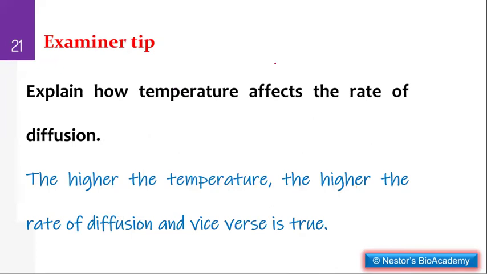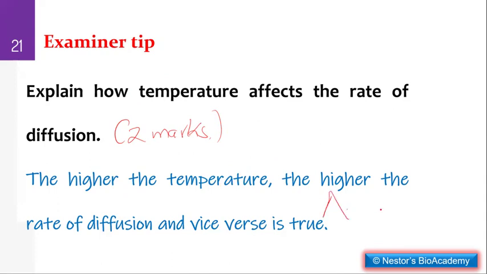If I can give an examiner tip here, it is important for you to note. A very common question you're likely to meet is: explain how temperature affects the rate of diffusion. This could be for 2 marks. And then a very common response you're likely to give is that the higher the temperature, the higher the rate of diffusion, and the lower the temperature, the lower the rate of diffusion.